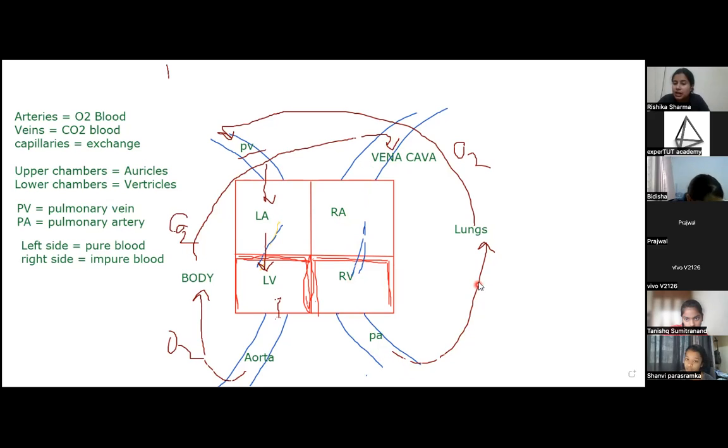And from the pulmonary artery, it will go into the lungs for oxygenation again. ठीक है. तो अब आपको I think यहां से ये चीज क्लियर हो गई होगी कि लेफ्ट साइड ऑफ द हार्ट में हमेशा प्योर ब्लड मूव कर रहा है, मतलब ऑक्सीजनेटेड ब्लड मूव कर रहा है, और राइट साइड ऑफ द हार्ट में इम्प्योर ब्लड मूव कर रहा है. जैसे कि आप देख सकते हैं that the blood is coming from the body into the vena cava, then into the right auricle, right ventricle, and then the pulmonary artery. Is it clear? Anyone having problem till here?